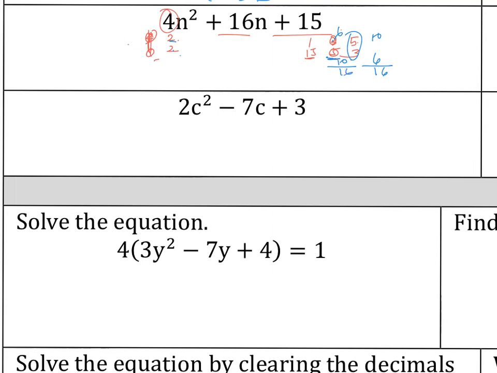So it doesn't matter if it's 3 on top or 5 on top. Either way it will work. Okay? So now we're ready. I'll just use this one. So we're going to take 2, and it's an n here, 2n plus 5, and take 2n again, and plus 3.